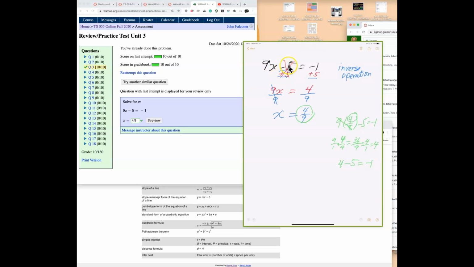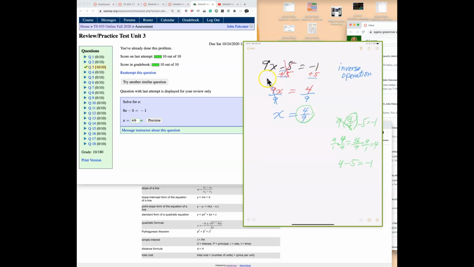So we're going to add 5, because here they're subtracting 5. And if we do the same thing to both sides, then it will still be equal, okay? And gradually we're going to pick this apart until we've isolated x. So after we did that, we had 9x was equal to 4. So we had negative 1 and positive 5, that's 4.